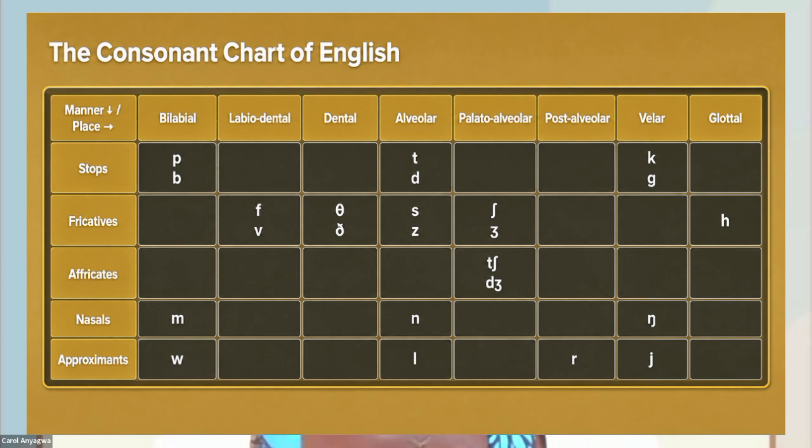For instance, there is no dental stop, there is no labiodental affricate, there is no dental nasal, and so on. I want to believe that with the explanations and with the charts, you can now describe and produce your English consonants without any stress. So quickly we move to English vowels.